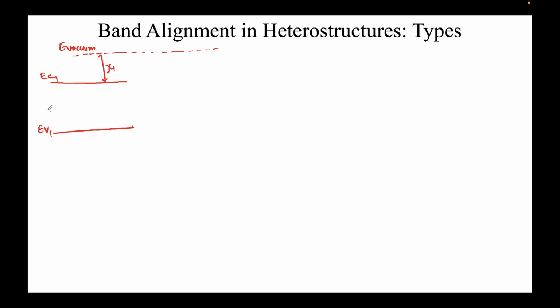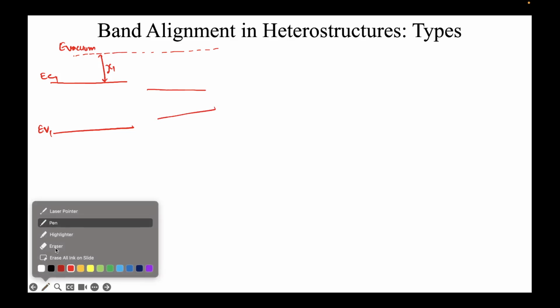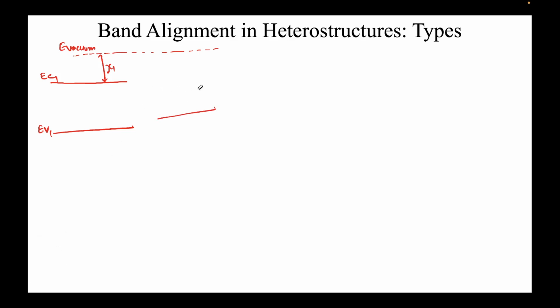Okay, so let's say this is, I should not have drawn this dotted. Just a second, sorry about this. Okay, let me draw the second material first. So let's say the second material can be anywhere, so it essentially depends on chi2, because remember, the vacuum level is the one that is fixed, that is the reference that we have taken, right?